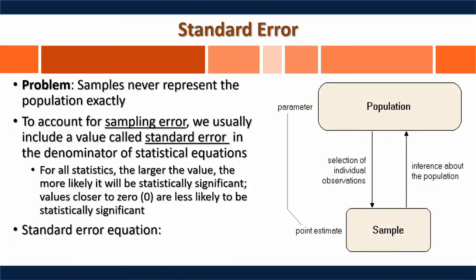You're now probably aware that we always make imperfect estimates of the population parameter, even when we take solid representative samples from that population. As you learned, we called this level of imprecision sampling error. But how do we account for this sampling error in statistics? We include a value called standard error in the denominator of most inferential statistics.